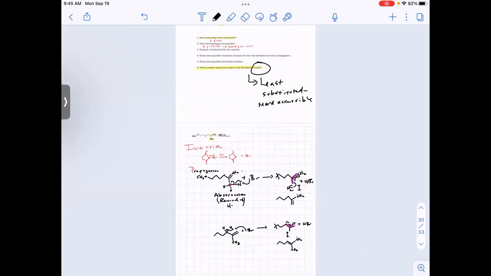And within those 3 steps, you go from creation of a reactive radical, which is what happens in the first step, the initiation. And then in propagation, your reactive radical is used to make new radicals. And then in termination, the radicals that you made in propagation pair up with the halogen, the desired halogen that you want at that allylic site. In this case, it's allylic bromination. So it's a bromine.